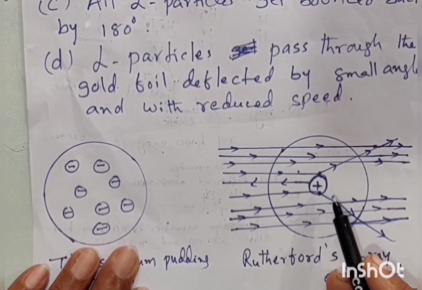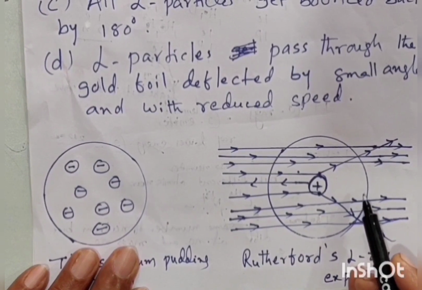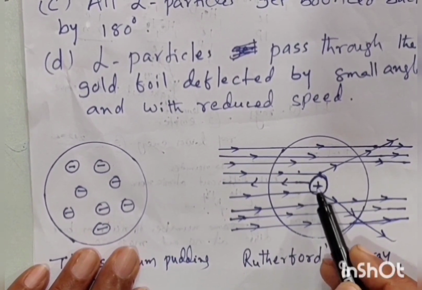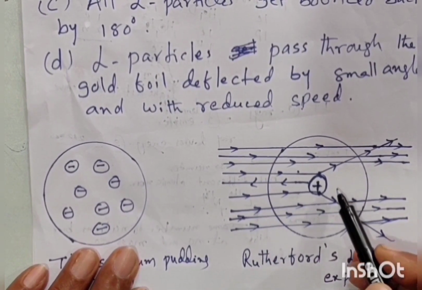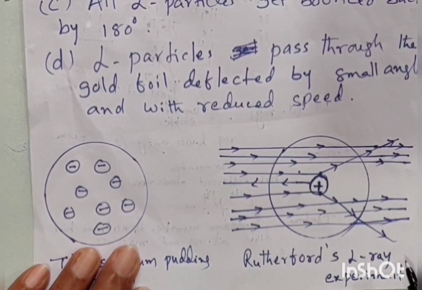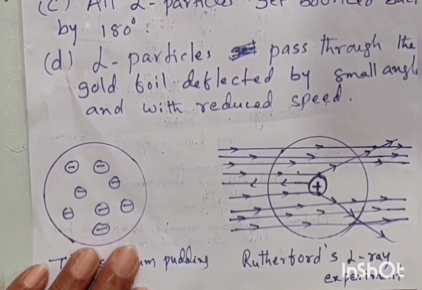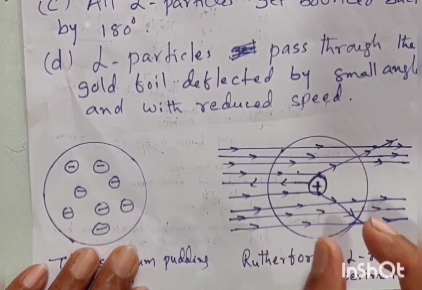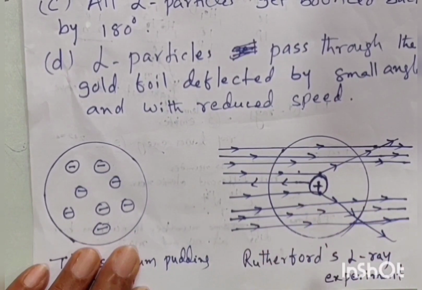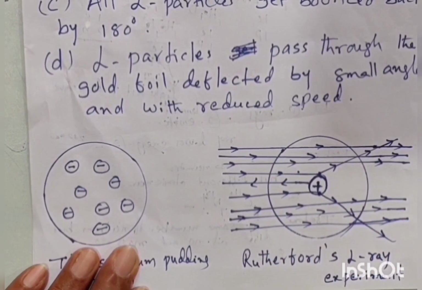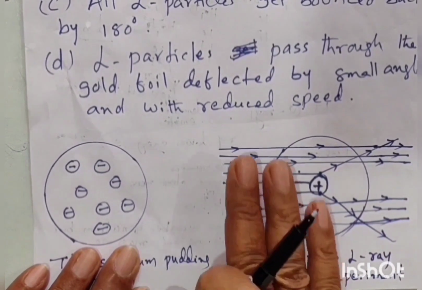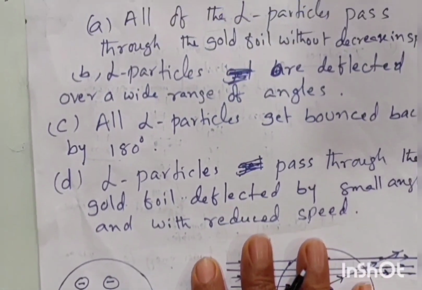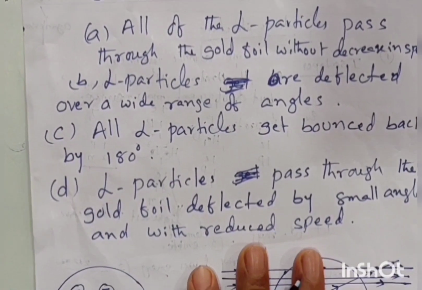They are deflected by small angles with reduced speed, because the mass is positively charged and alpha particles also have positive charge. Both are positively charged particles, so repulsion is produced between them. Right? By using these two concepts, we can analyze the options now.